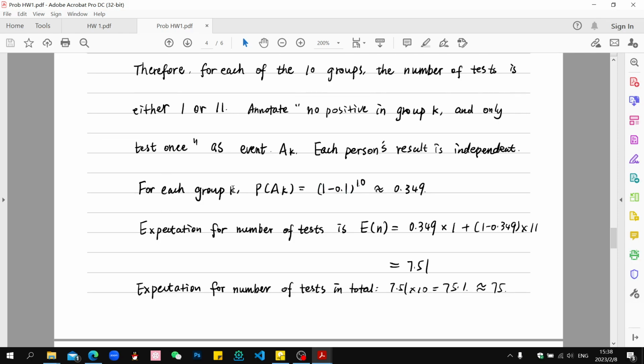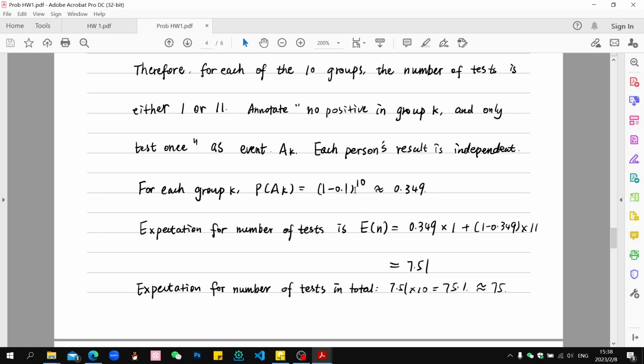And for each group K, the overall probability of it being fully uninfected is 1 minus 0.1, that is 0.9, to the power of 10.